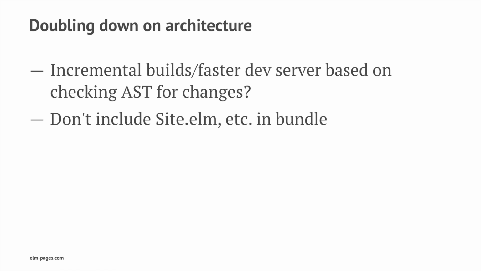Having these different files like Site.elm, Api.elm, and then the page modules in Page/Blog/Slug_.elm, Index.elm, Page/Index.elm, opens up some cool things where we can say, well, in the production build, we don't need to include the API routes for the front end build, because that's only run in the build process.